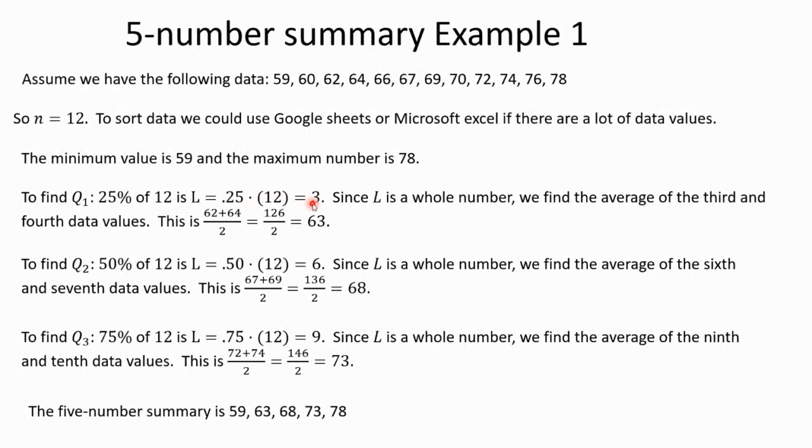So we get 3. L is a whole number, right? So we're going to use the third and fourth numbers in the data set. That's 62 and 64. We get their mean: we add and divide by 2, and that's 63.